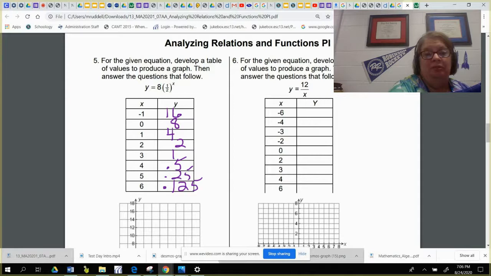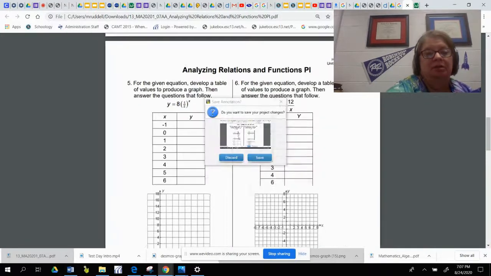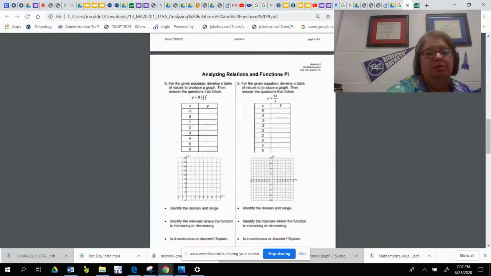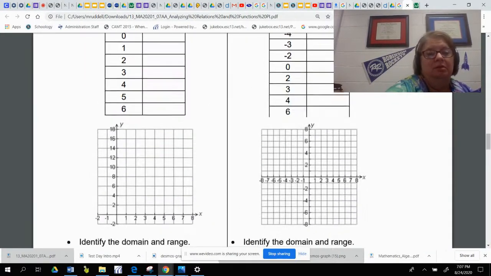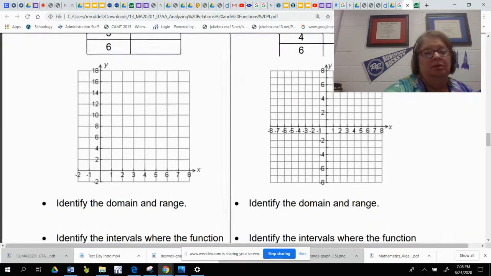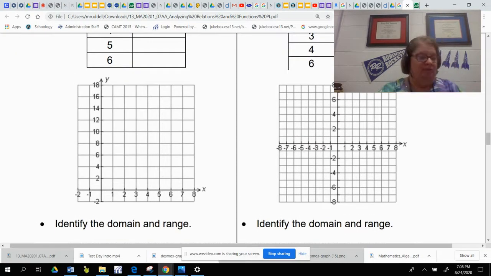Okay, there's the table. And the way I have this page set up, no, it's not going to let me do anything until I erase that. Okay, here's the graph. I hope you have it written down somewhere or take a picture of it.